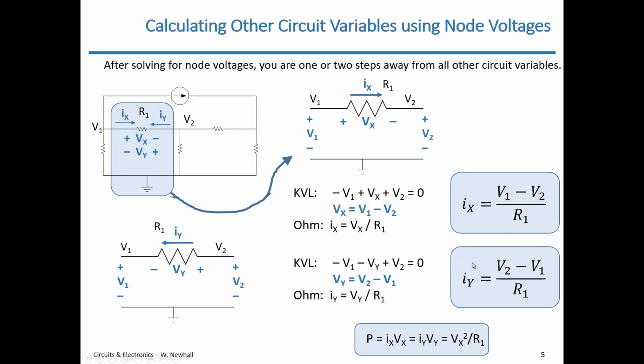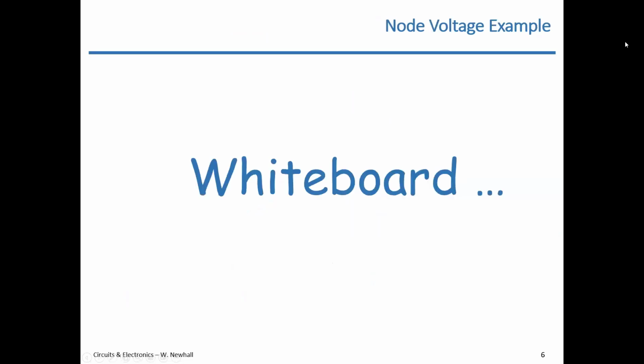All right, so let's move away from the PowerPoint slides and move over to the whiteboard, and we will talk about an example problem. We'll talk about node voltage analysis. All right, so this is going to be node voltage analysis.